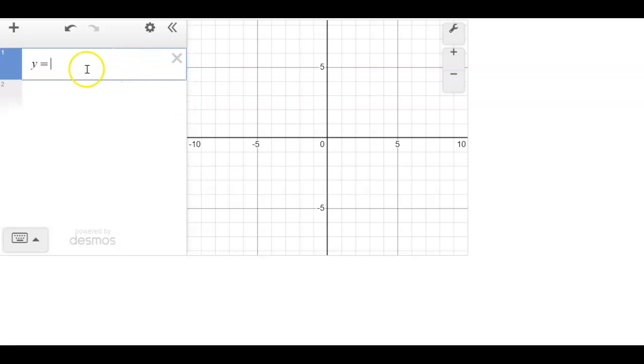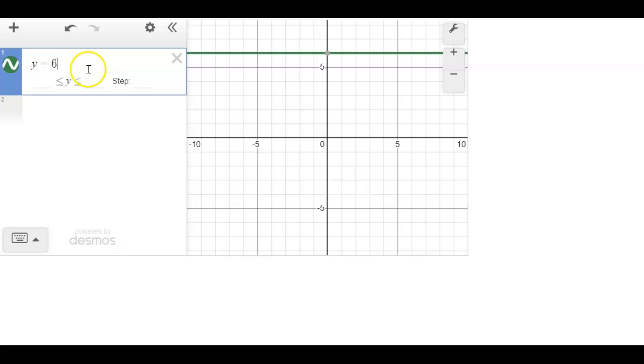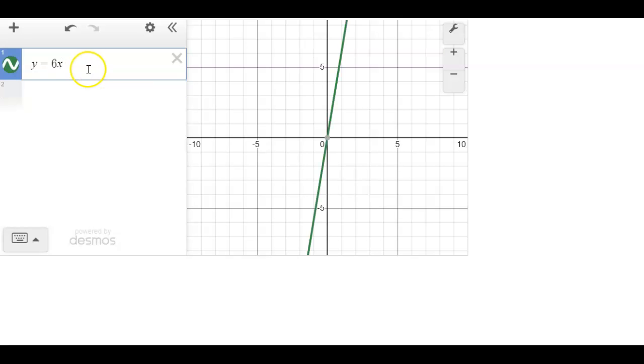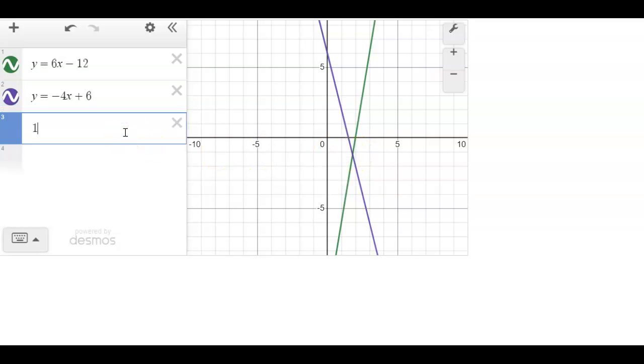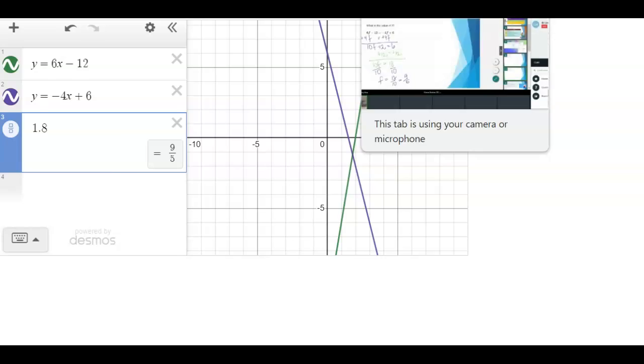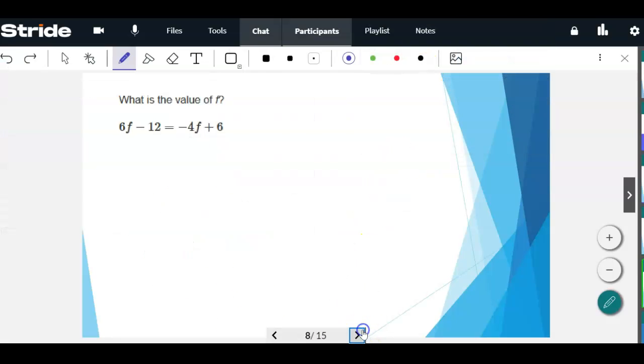And so we're going to start with y equals 6, and of course you have to use x, not f, minus 12, and then y equals negative 4x plus 6. All right, so it's right here. So it says 1.8. So if you needed to see what that looks like as a fraction, you could put in 1.8, click here, and there's the 9/5. Pause and review if you need to.